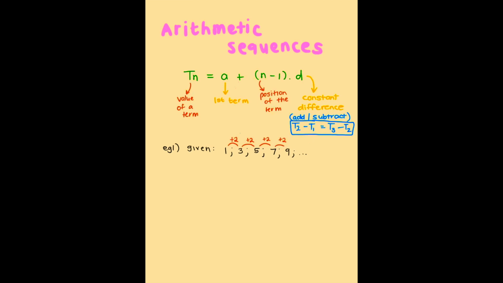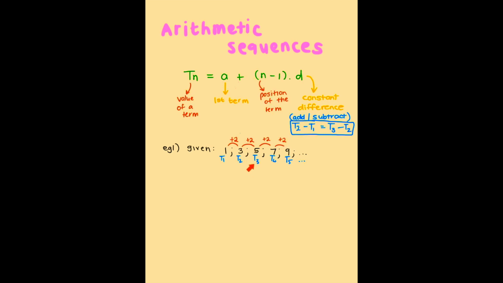And using this little trick, I can now illustrate what I mean. So I'm going to write here: this is term 1, term 2, term 3, term 4, term 5, and remember this carries on.